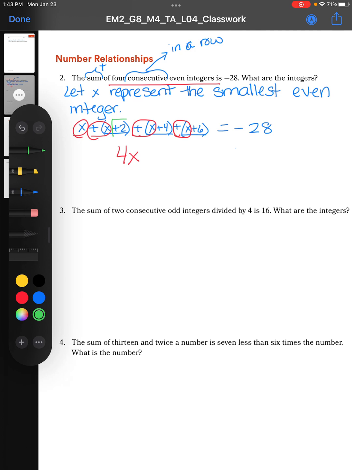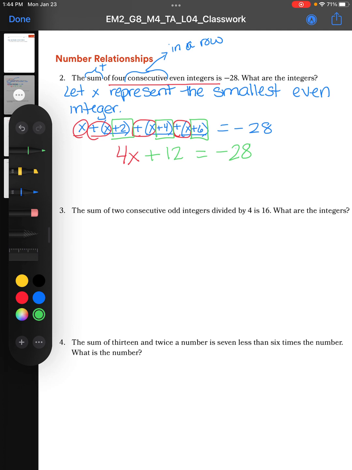And then my other terms, I have plus 2, plus 4, plus 6. 2 plus 4 is 6. 6 plus 6 is 12. So now I have combined like terms, and of course this equation looks a lot more simple. All right, just a quick little two-step equation here.